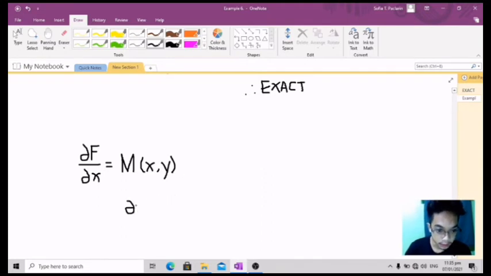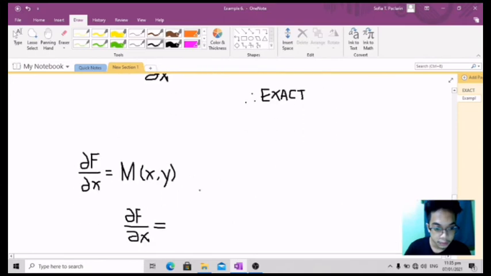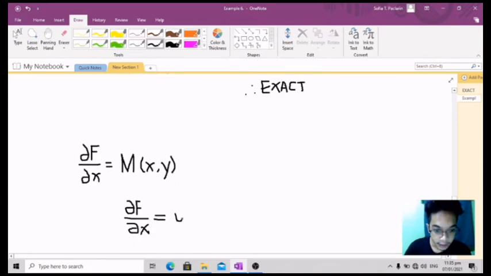So the partial derivative of f with respect to x is equal to the value of M, ye raised to xy minus 2y cubed.